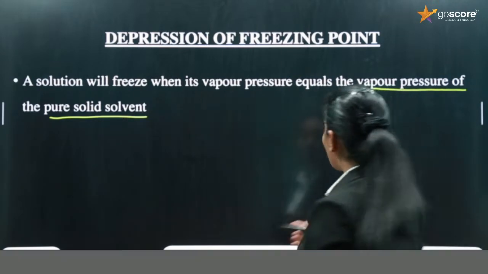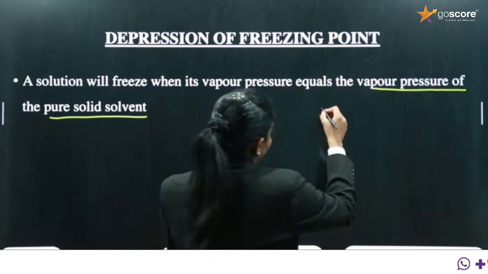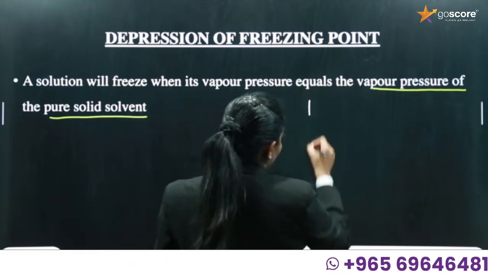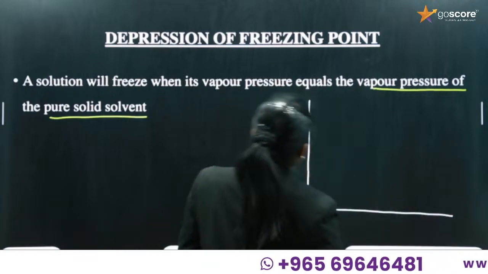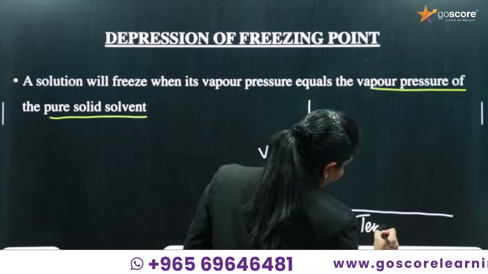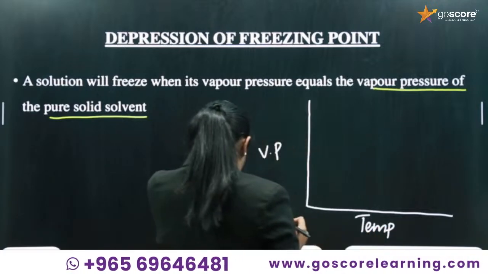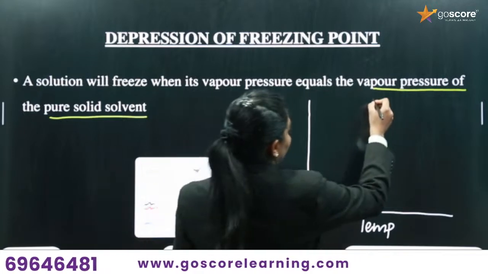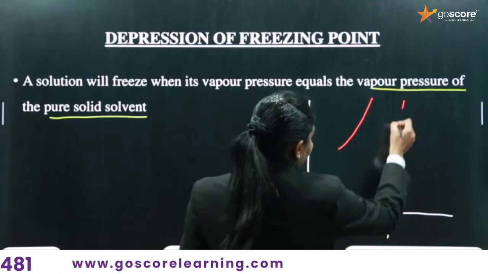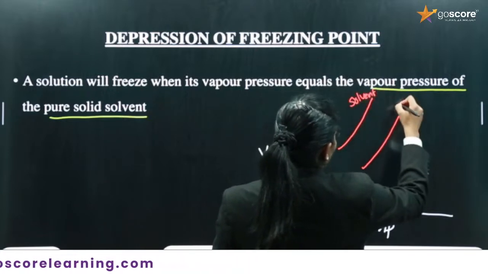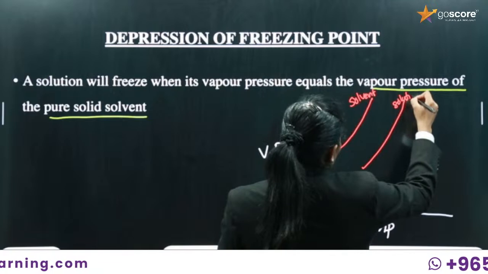If you draw a graph by plotting vapor pressure against temperature, you get two curves, one for the solvent and one for the solution.